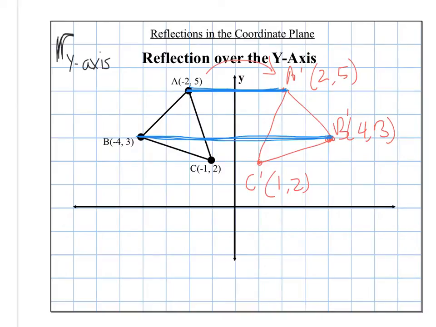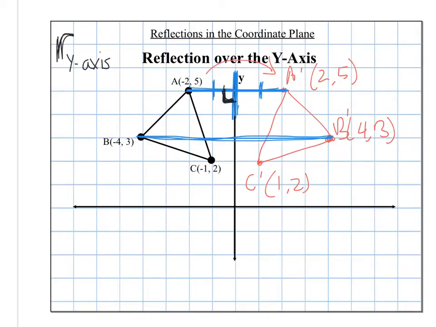The first thing that we want to point out is that the line of reflection here bisects that line. So I can mark that by doing that. In other words, A is 2 units to the y-axis and A prime is 2 units to the y-axis. The other important thing to note is that these 2 lines are perpendicular. So the line of reflection is perpendicular to the line that connects the corresponding points. 2 very important things that we'll touch on definitely in class.